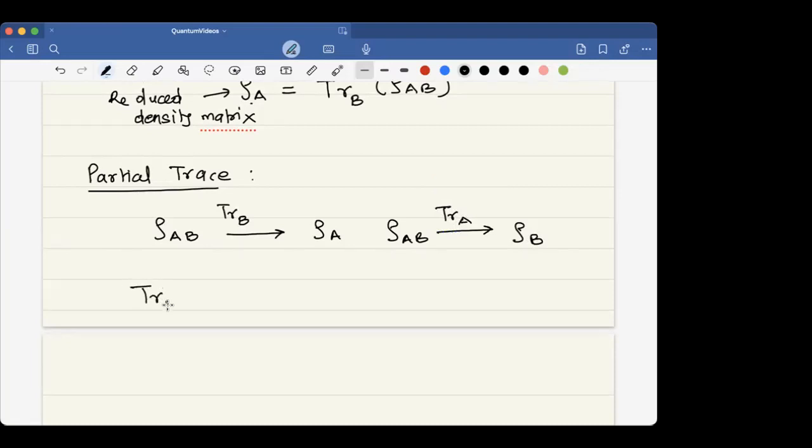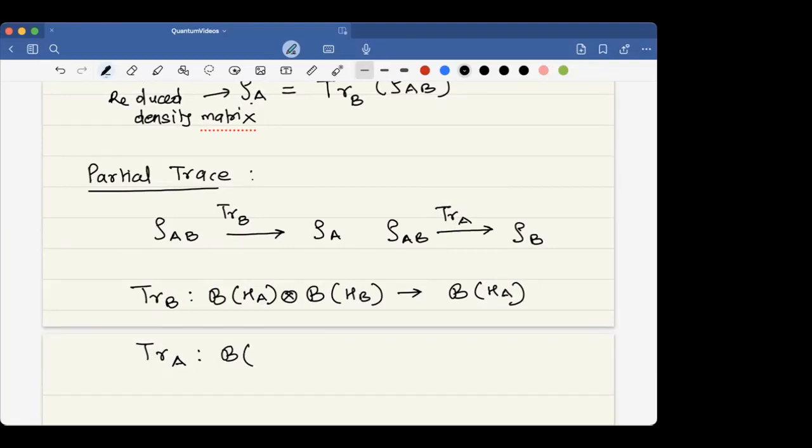The trace over subsystem B is an operation from the density matrices on HA tensor HB to the density matrices on HA. Similarly, the partial trace over the first subsystem maps to the density matrices on HB, which are matrices in Hilbert space HB.